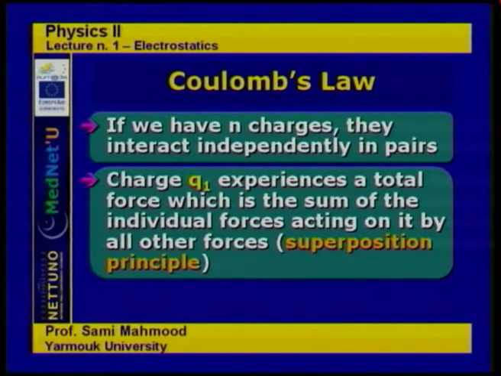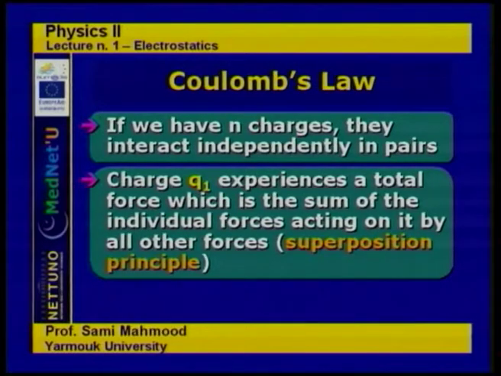So the superposition principle states that in order to calculate the force exerted on one charge, we calculate the forces exerted on that charge by one charge and by another charge and by the third charge and add them up together.